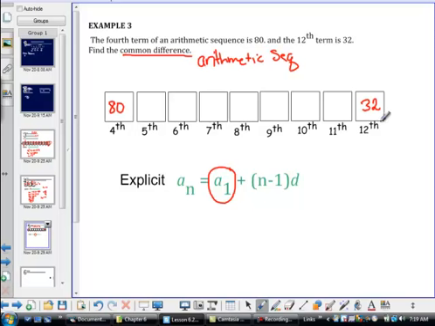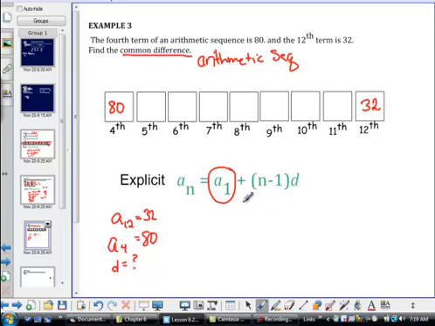We do know the 12th term is 32. And we do know the 4th term is 80, but we don't know what our common difference is, and that's what they're asking me to find.